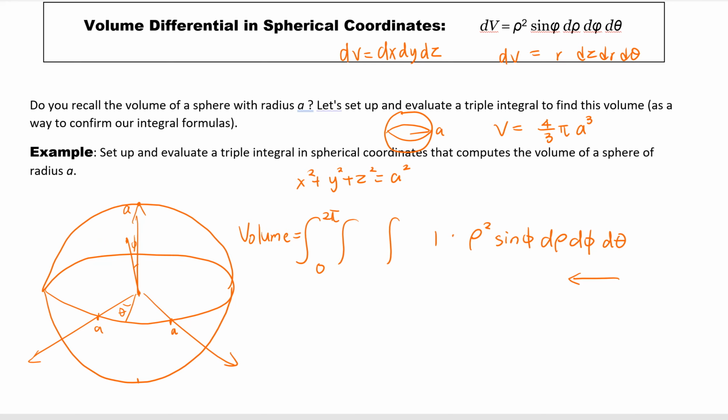You don't go beyond pi because it looks like you go around. You don't go back and wrap around. Our phi is between 0 and pi, and then we let theta go from 0 to 2 pi. That will cover the whole sphere already, right? And how do I cover the back?